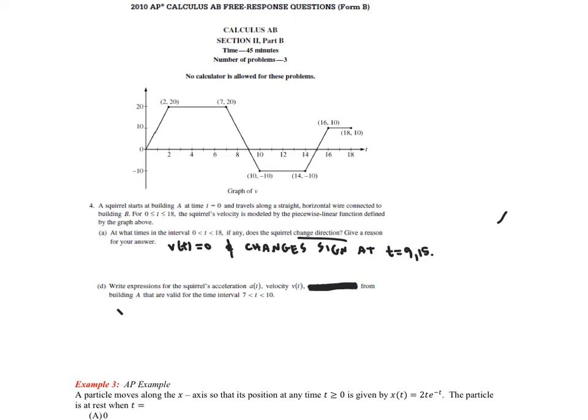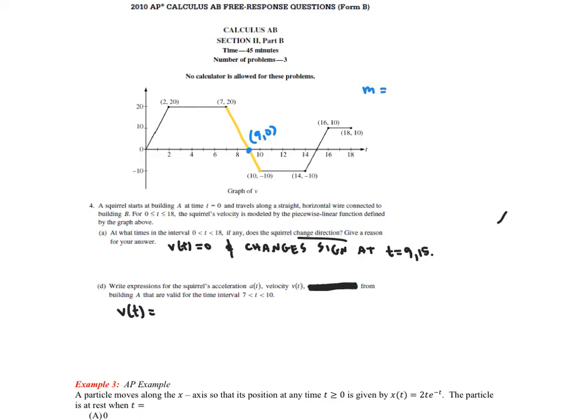Velocity on this portion of the graph is going to be the equation of that line. So I'm going to pick a point on that line, and I'm going to find the slope of that line. This point right here is 9, 0. I could take any 2 points and find the slope.